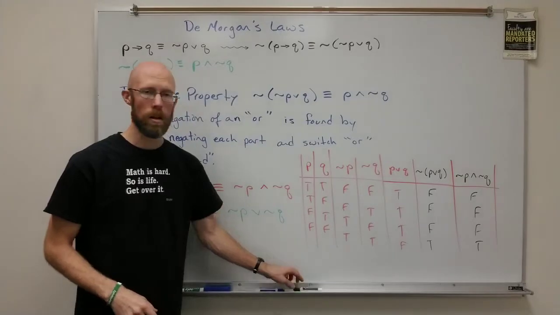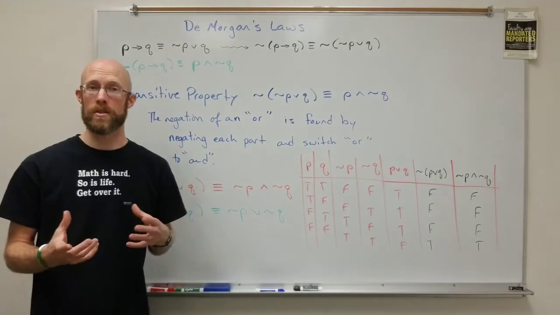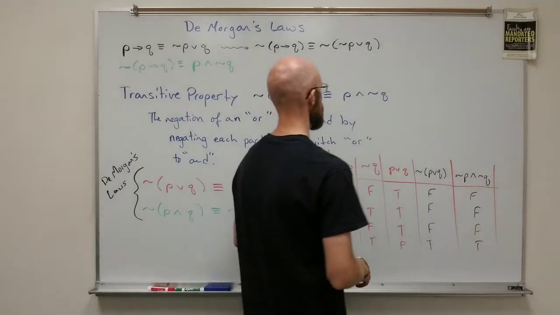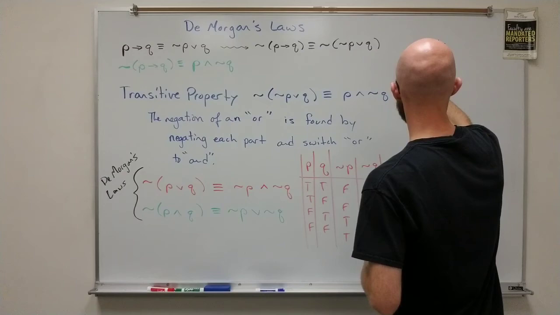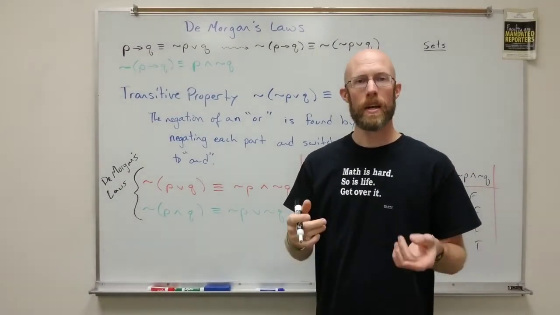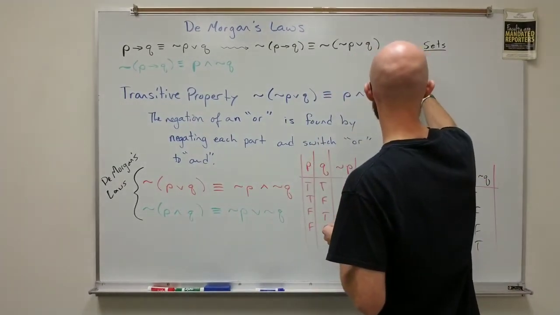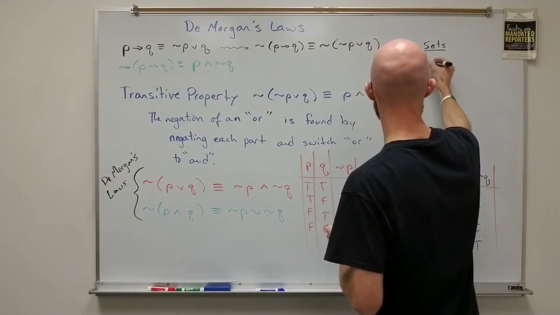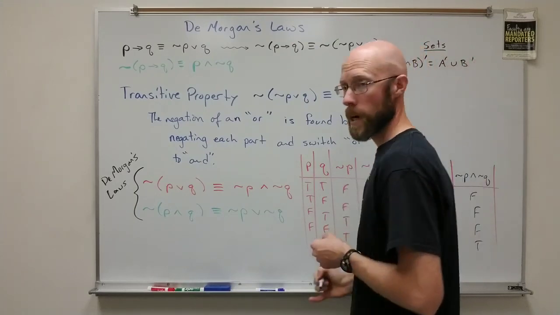Now, if you'll recall, De Morgan's laws occurred when we talked about sets in our set theory conversation. And we said with sets that the complement of an intersection is the union of the complements, right? So in set form, we said the complement of an intersection is equal to the union of the complements.